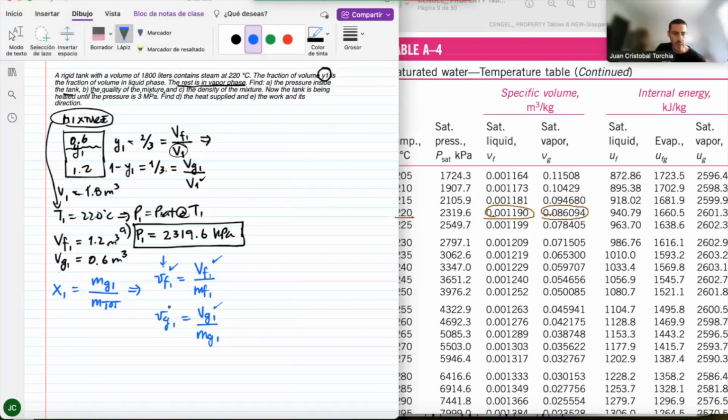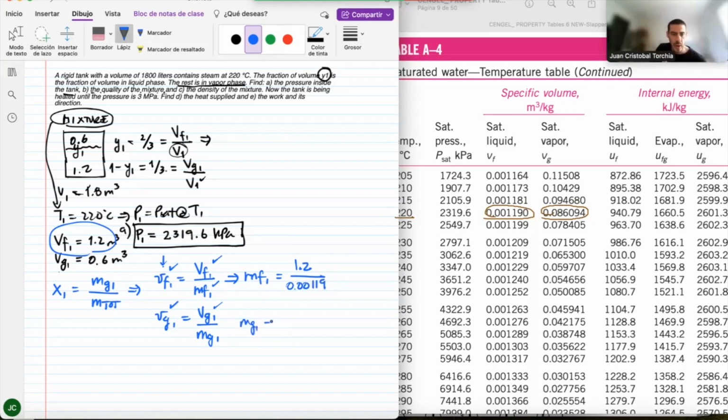This one is known and this one is known, right at your right. Therefore, the mf1 you can get. So mf1 is going to be equal to, this is 1.2, the liquid volume, divided by the value of 0.00119.